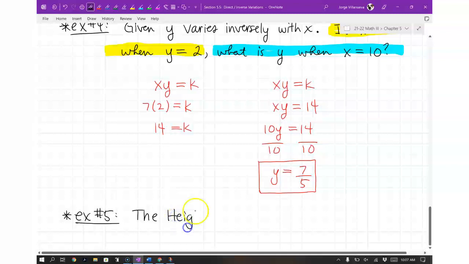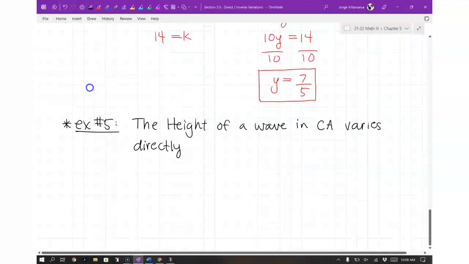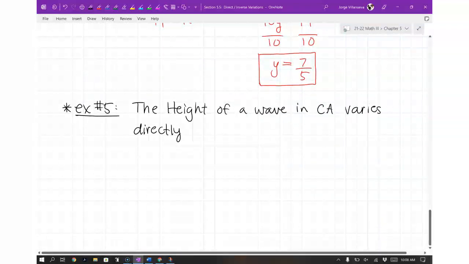So the height of a wave in California varies directly, so notice they say varies directly. This is direct variation, okay?